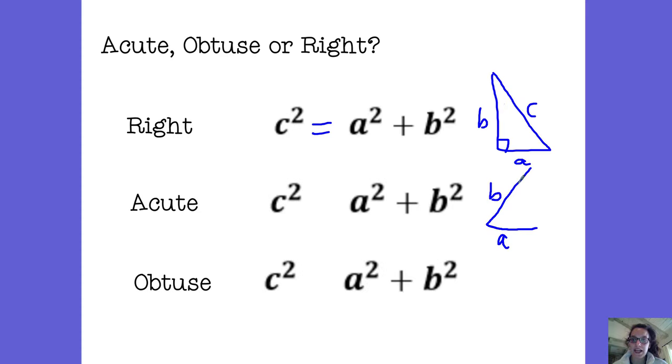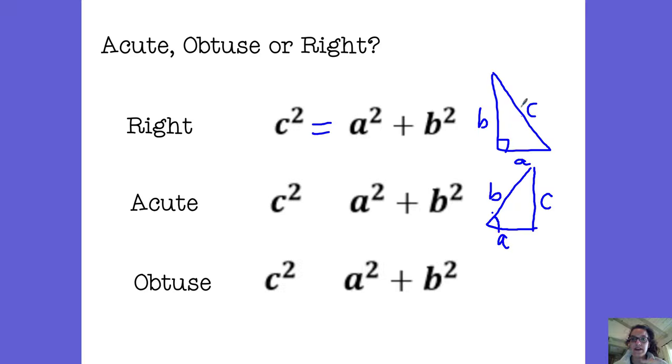If B and A in this right triangle are congruent to B and A in the second triangle, and all we do is change this angle from a right angle to an acute angle, we've just made that angle smaller. So therefore, we're going to make this opposite side smaller as well.